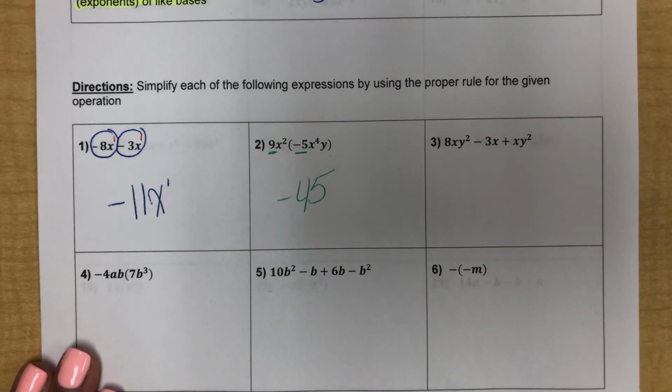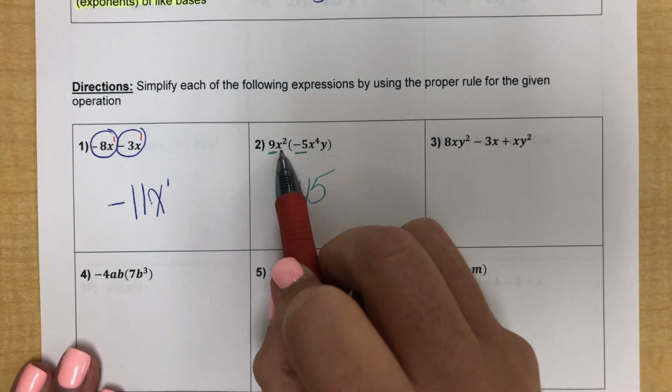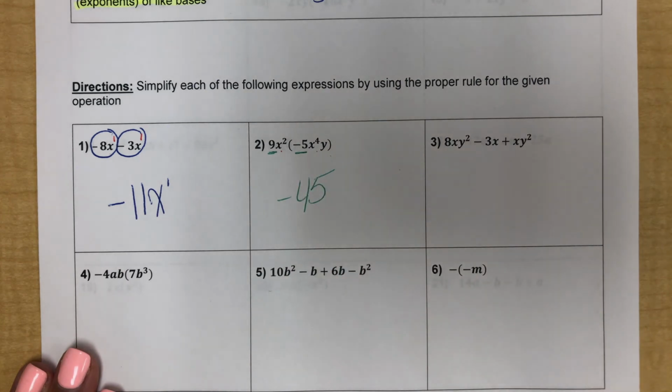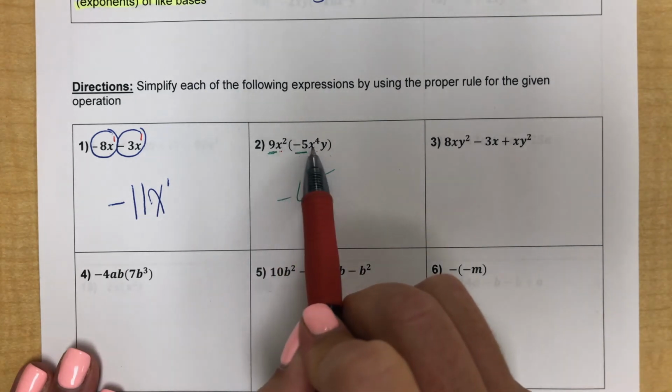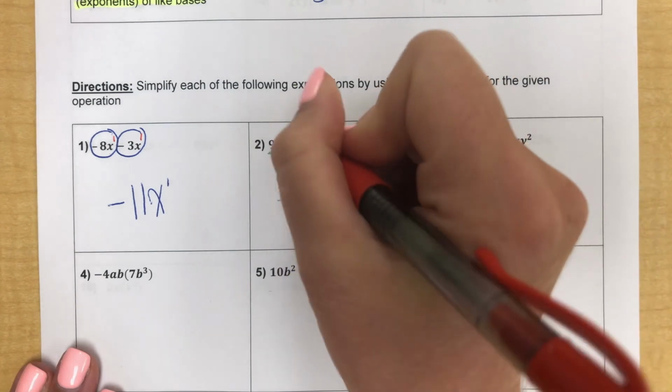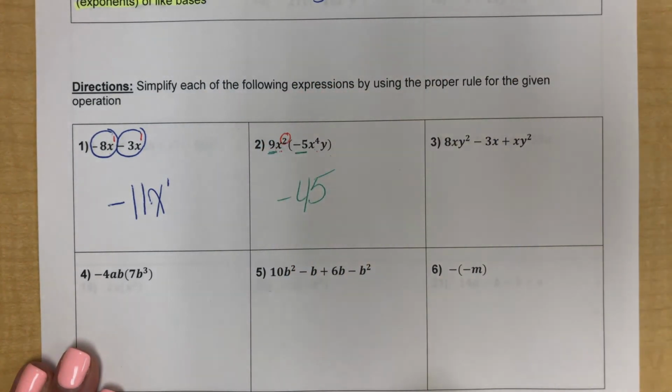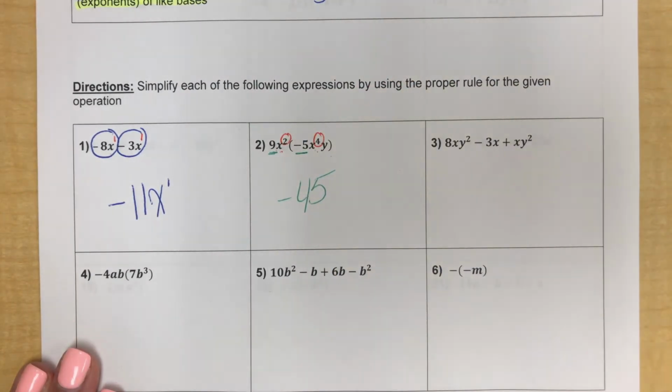And then I have to go back and add the powers. So I want to add the exponents of like bases. I know x squared and x to the 4th are like bases because they both have the variable x. So I'm going to take the exponent of 2 and add it to the exponent of 4.